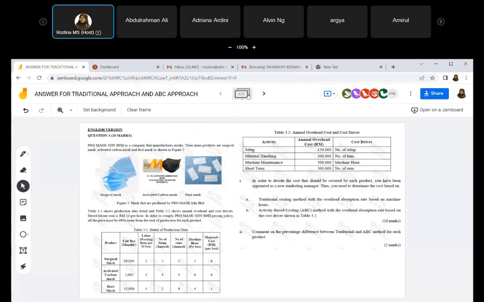Okay, time's up now. I hope you can do the revision for these two because it is very important and we will have this question in your final exam.